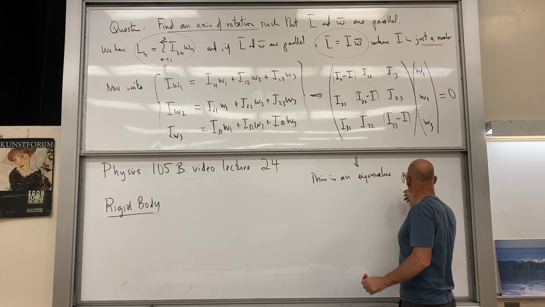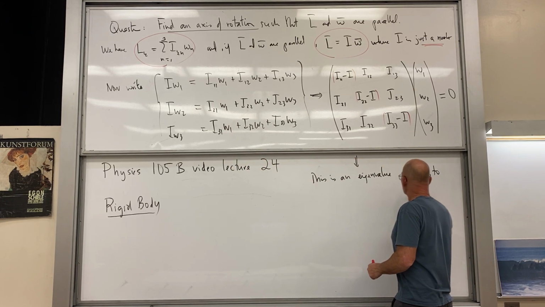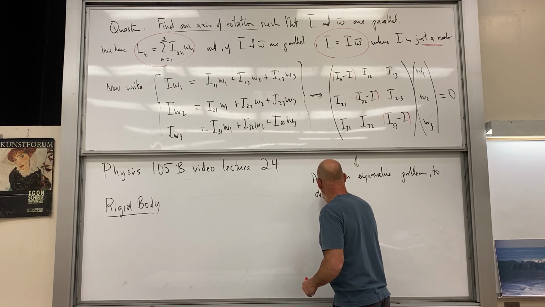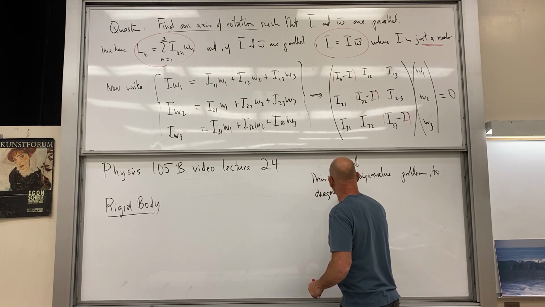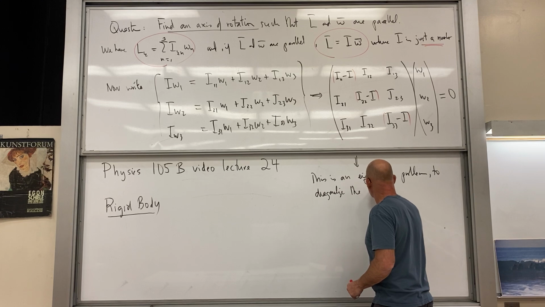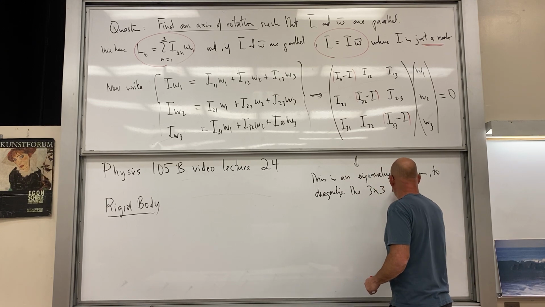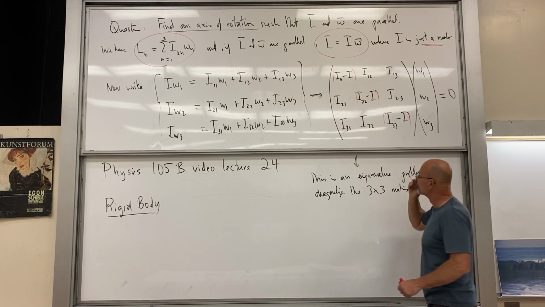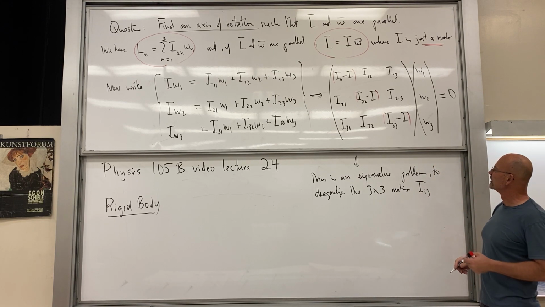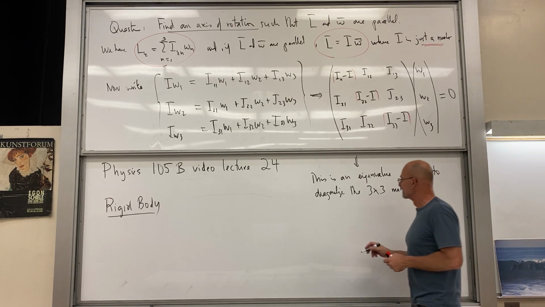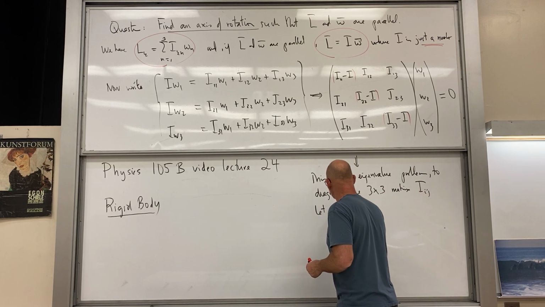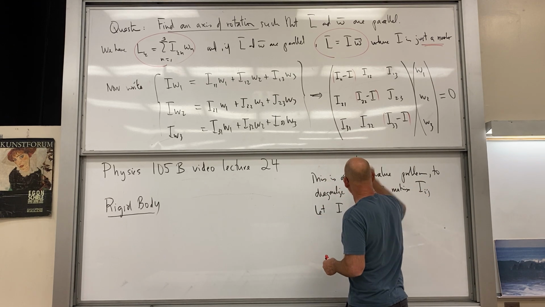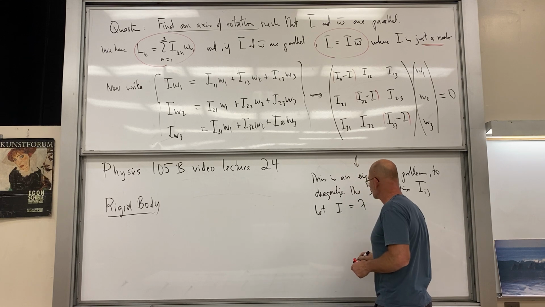Eigenvalue problem, to diagonalize the 3 by 3 matrix I sub ij. The only thing we don't like is the letters here right now. So go ahead and let what I'm calling I up here be equal to lambda.